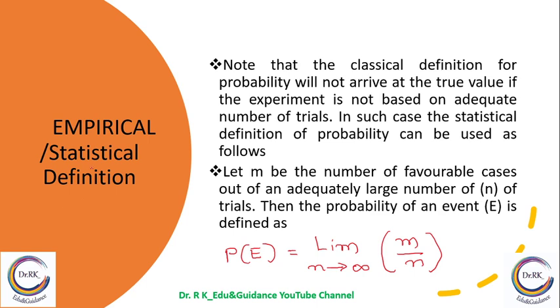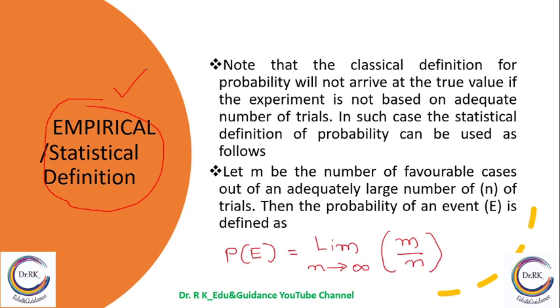Now, in the theoretical way of doing things, like what we discussed earlier, there is a limitation for the regular definition of probability. So we have another definition of probability, that is the empirical or statistical way of defining probability.